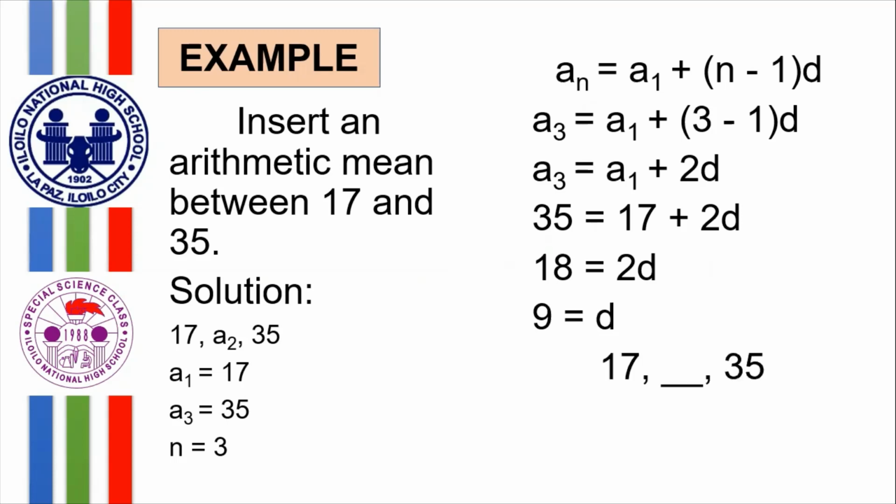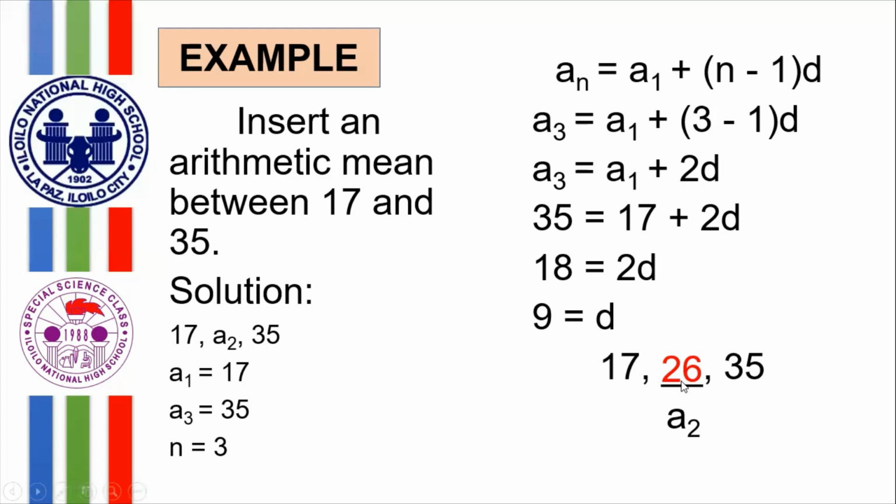And so if we go back earlier, we mentioned that we have 17, and we have here our second term, let's have it as blank, and 35. And since our d is equal to 9, and we knew last time that recursively speaking, to get the next term of the sequence starting from 17, all we have to do is add the common difference. So if I have 17 plus 9, that gives us 26.